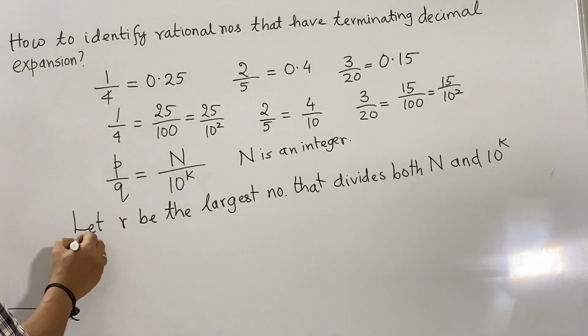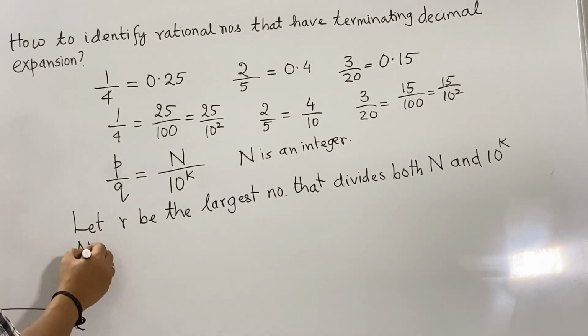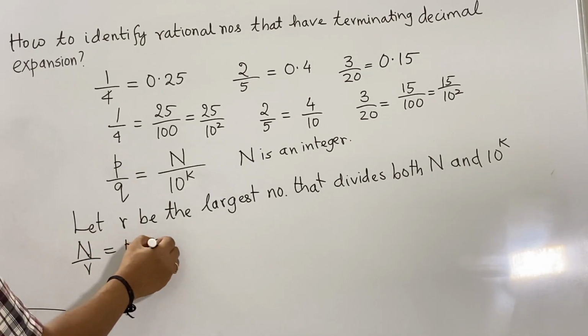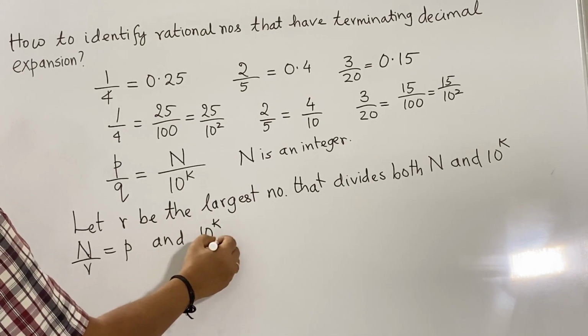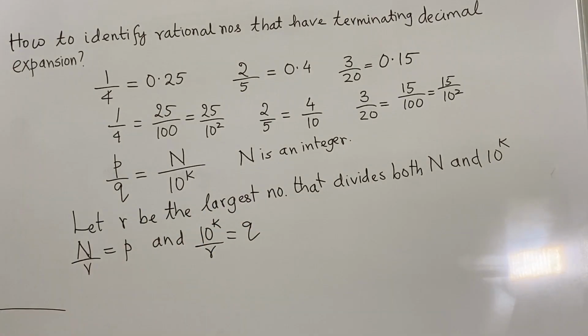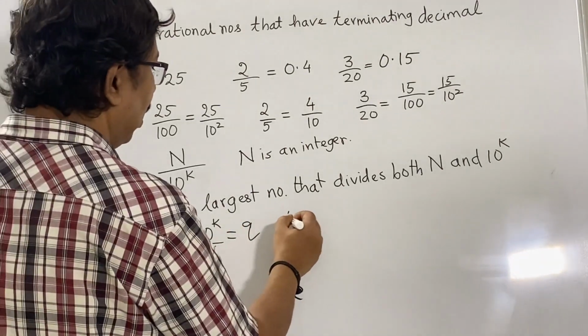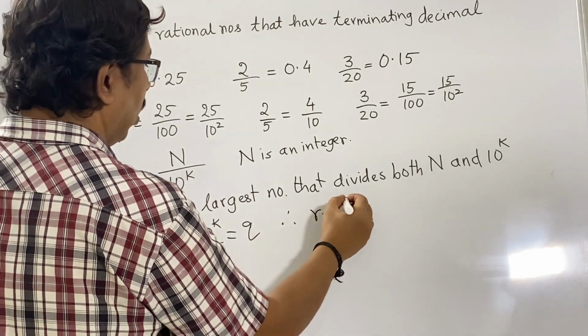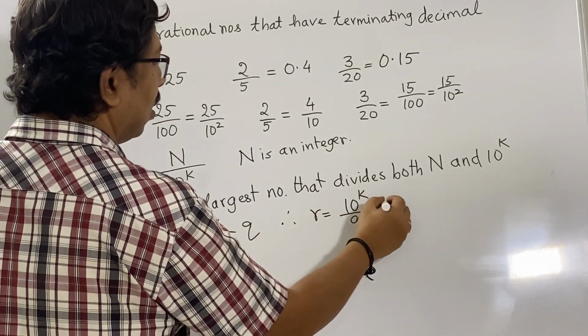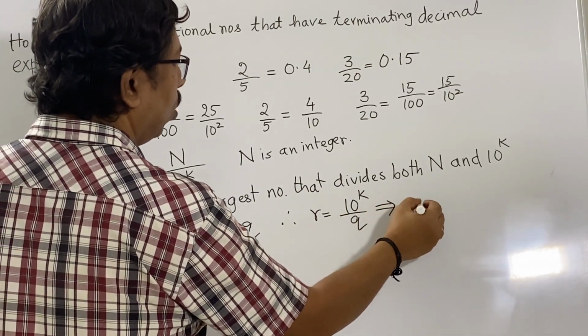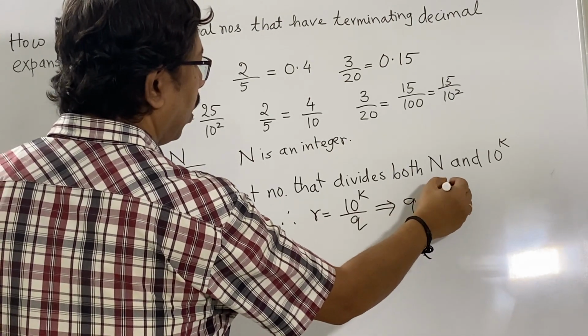That means N divided by R is p, and 10 to the power k divided by R is q. Therefore, we see that R is equal to 10 to the power k by q, which means that q divides 10 to the power k.